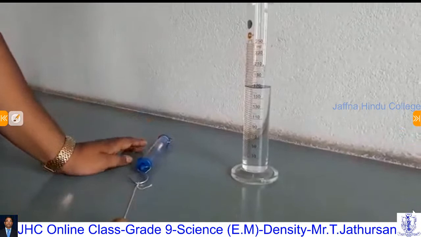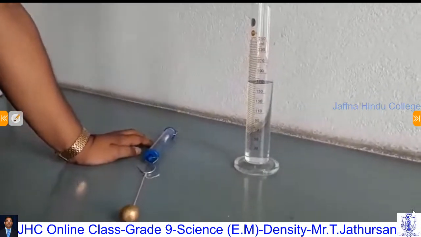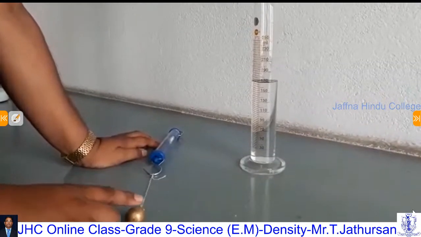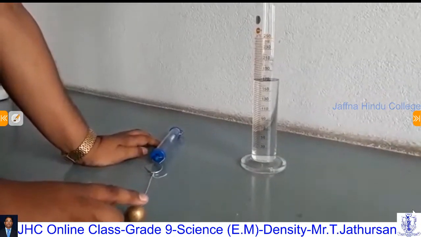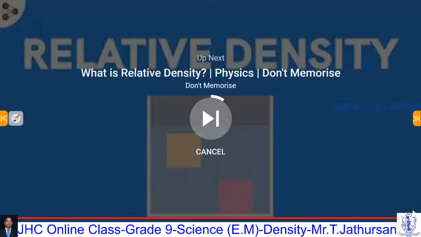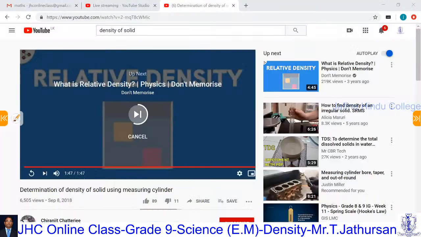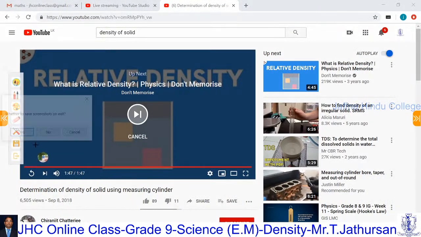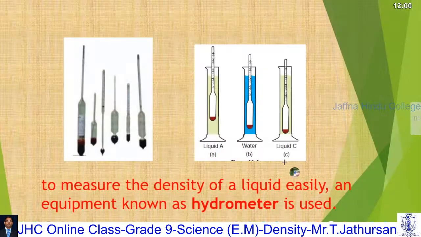So by dividing mass by volume, we can get the density of the given object. And in this procedure, we can get the density of any object which is heavier than water. Right. This is one of the experiments to measure the density of an irregular or solid object.